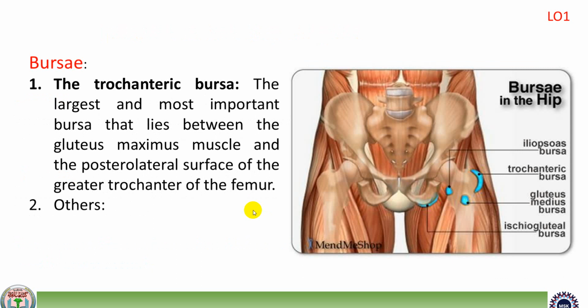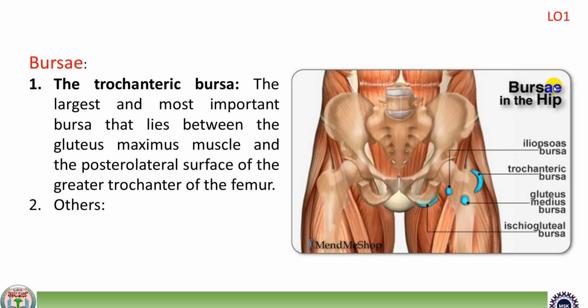So as I said, the trochanteric bursa is the largest and most important bursa, between the iliotibial tract or the gluteus maximus muscle, which is part of the iliotibial tract, the attachment of it, the insertion of the gluteus maximus muscle, and the posterior surface of the greater trochanter.